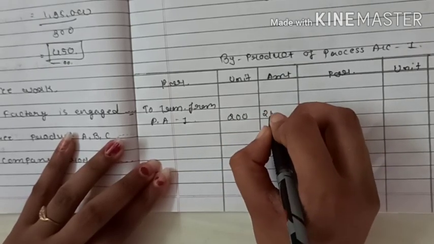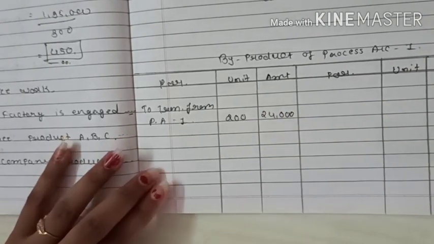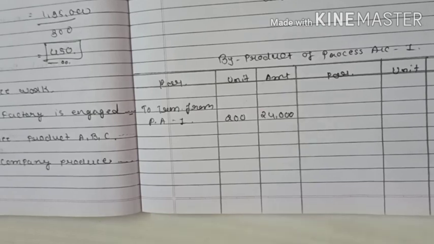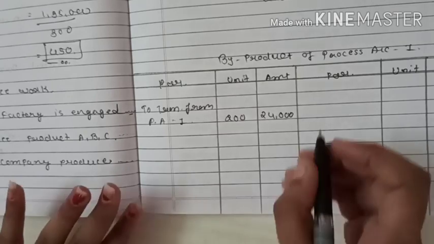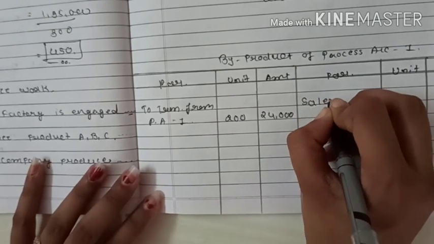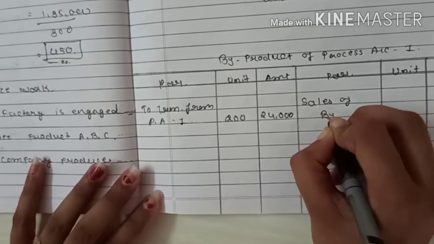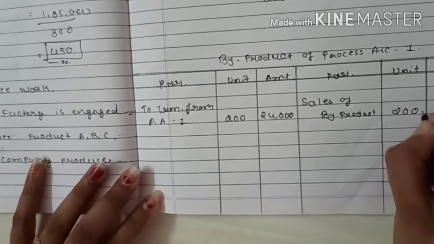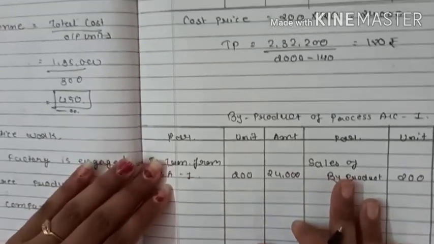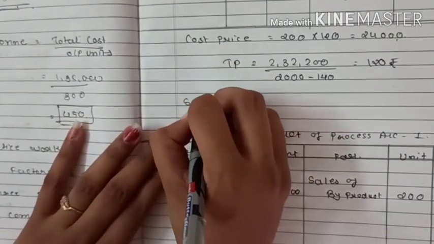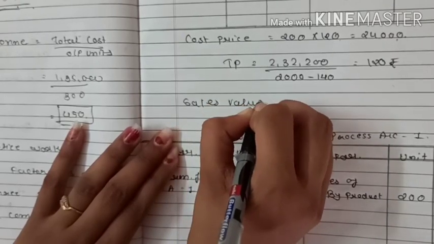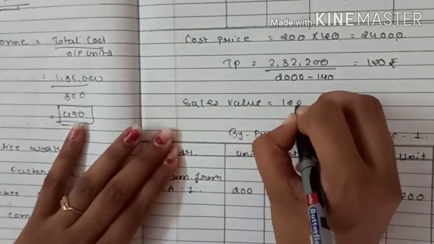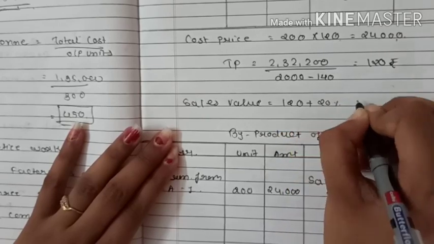200 units into 24,000. The sales value of the byproduct is cost price plus 20% profit. To sales of byproduct, units are 200. Sales value is equal to cost price plus 20% profit.